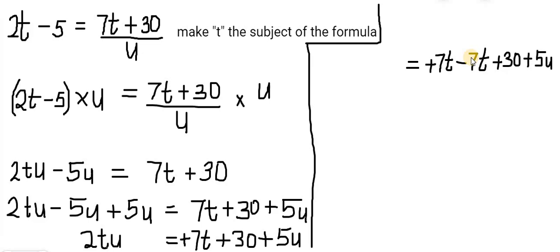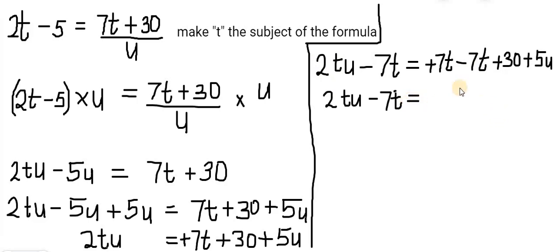Now because I have done that to the right, I've got to do that to the left as well. So on the right, plus 7t minus 7t, that's 0, so that vanishes, and so all we have left on the right is 30 plus 5u.